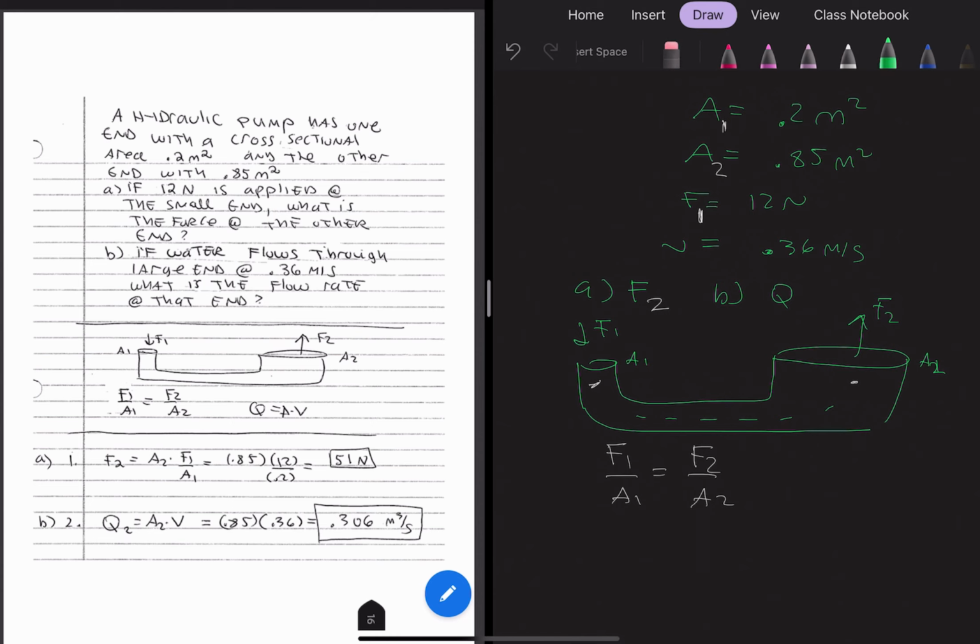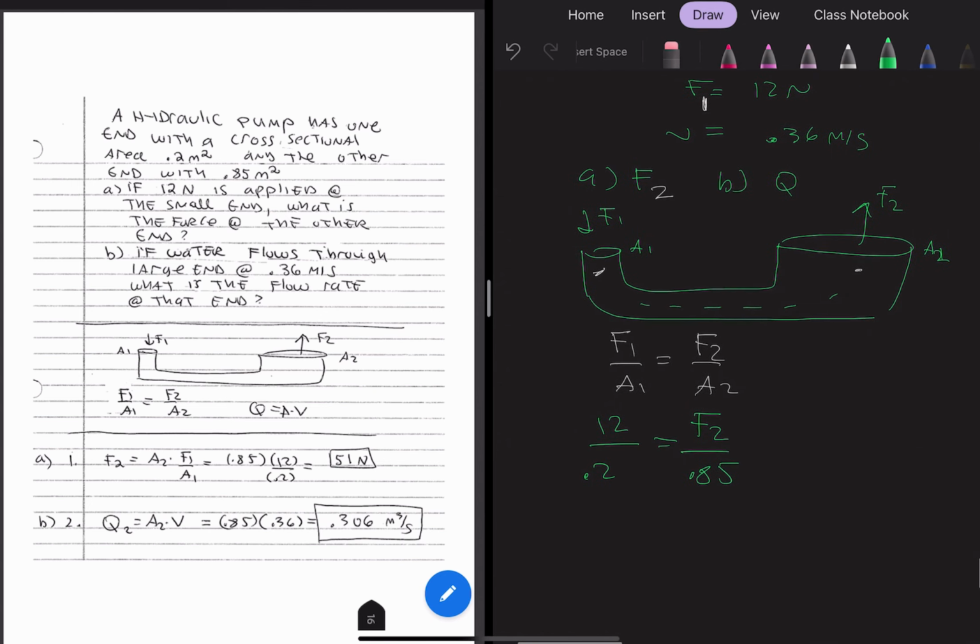I can just plug in. So F1 is going to be 12. Area 1 is going to be 0.2. F2 we're trying to find. And area 2 is 0.85. And cross multiplying, you get F2 is going to be 0.85 multiplied by 12 over 0.2, and that should give you 51 newtons.